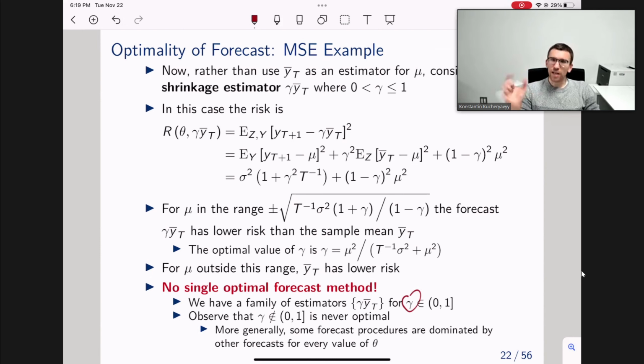And once you change the problem to forecasting, you think that you can apply lots of tools from econometrics, and this is true, but you have to be careful because it's not straightforward, and this is, I think, a bigger lesson, because this problem of doing the optimal forecast in some sense, which is minimizing a risk, has its own implications. And that example is one of the simplest ways to demonstrate it.